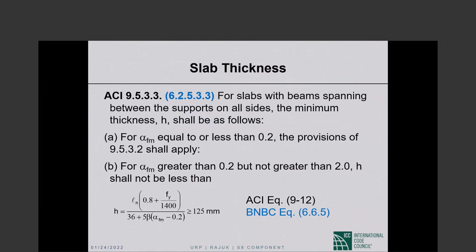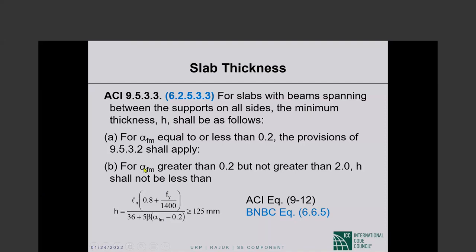If you have beams on all 4 sides, then for alpha sub fm, this is the stiffness of the supporting beams. You will see exactly what that quantity is. Equal to or less than 0.2, those will be treated like flat plates. If the beams supporting the slab panel on 4 sides are not very stiff as indicated by alpha sub m equal to or less than 0.2, then it will be treated as a flat plate, as if the beams were not there for the purposes of minimum thickness.